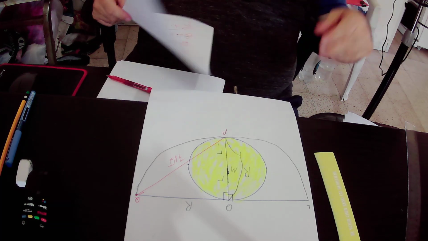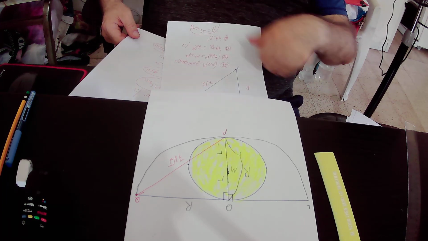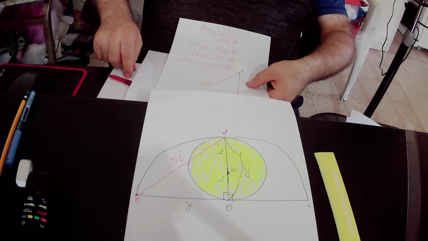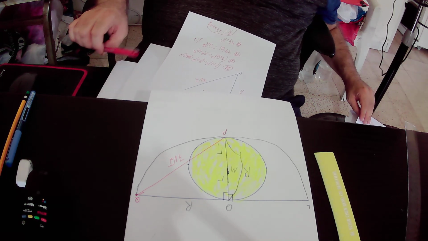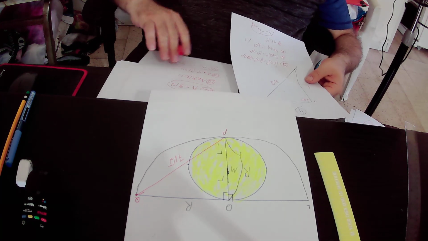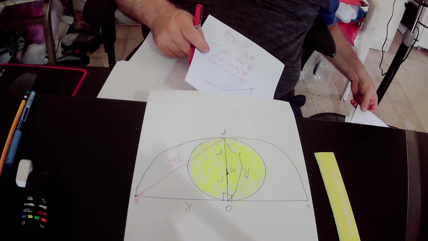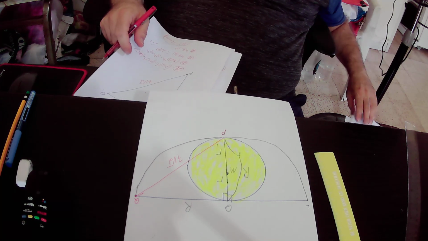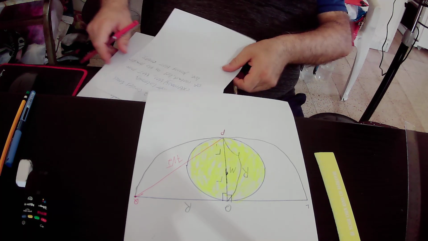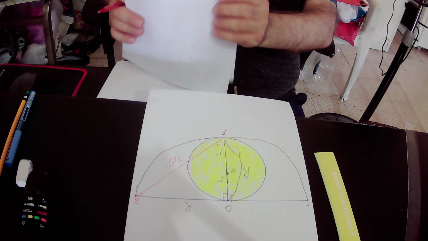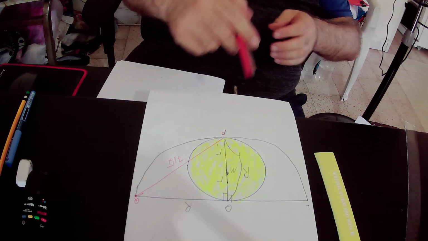Now I will summarize the lecture. We actually wanted to find the value, or the area, of the yellow circle.